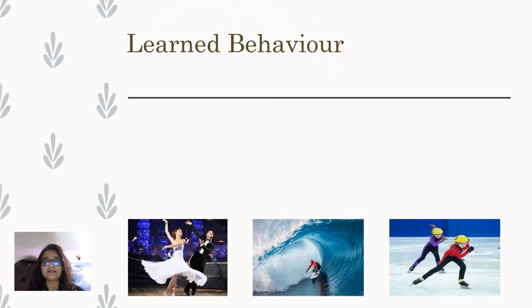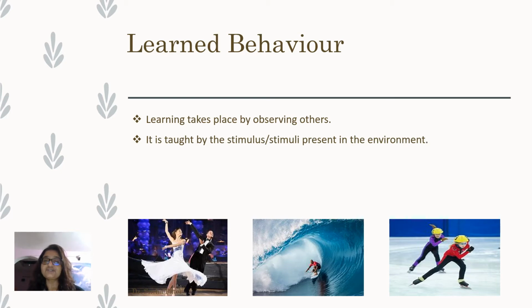Now, what is learned behavior? Learned behavior takes place by observing others. It is taught by the stimulus or stimuli present in the environment. There is a change in behavior due to learning, and that is why it is called learned behavior.